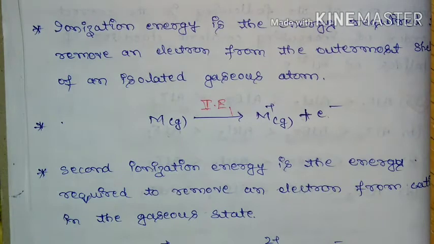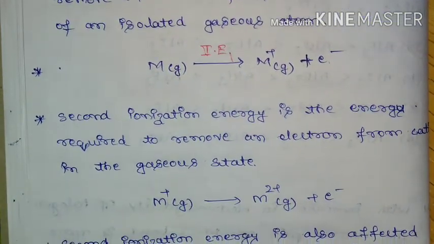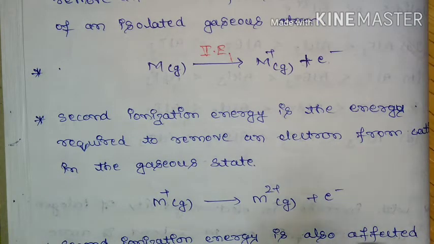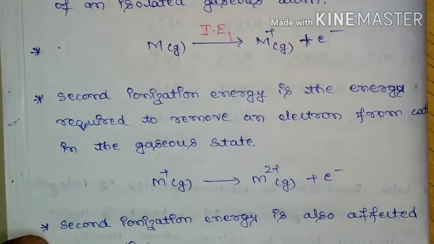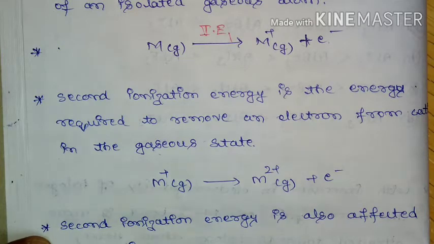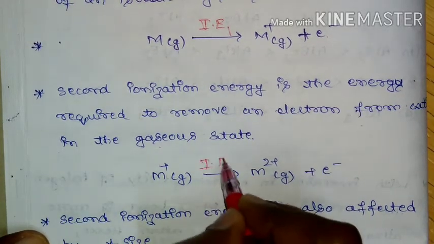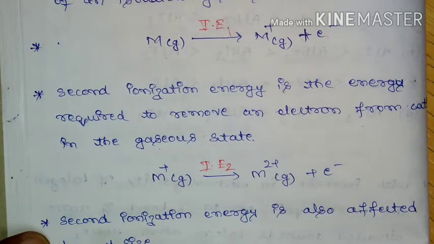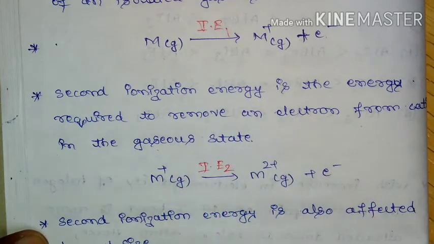So this is ionization energy 1. If we come to second ionization energy, it is the energy required to remove an electron from a cation in the gaseous state. So already we have removed one electron. Now if we want to remove another electron, then it is called second ionization energy, and it is defined as the energy required to remove an electron from a cation in the gaseous state.